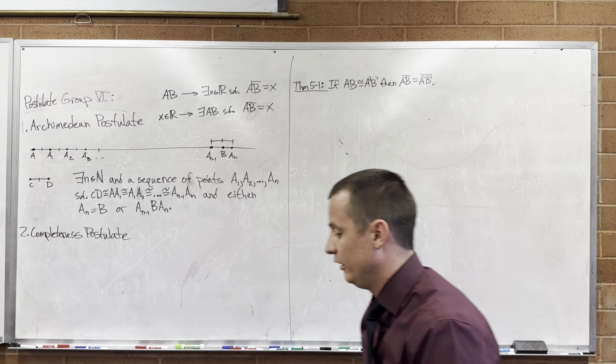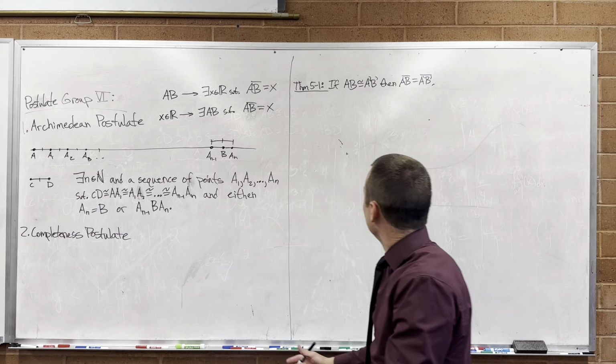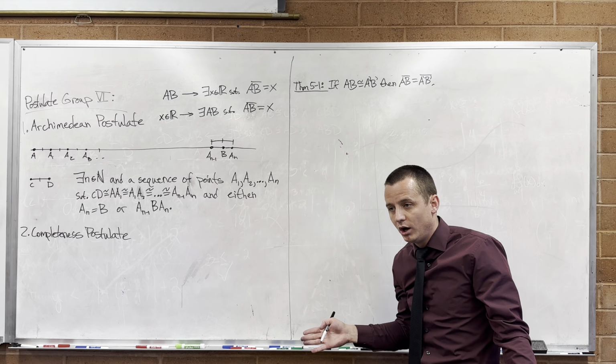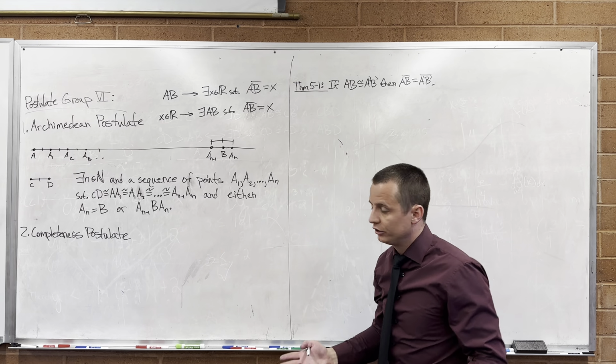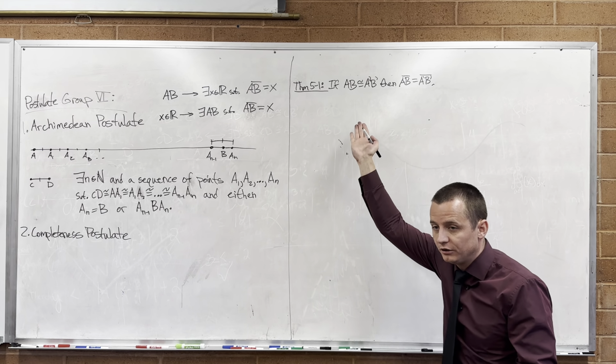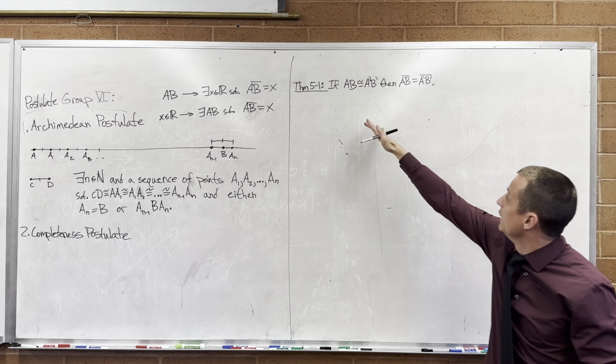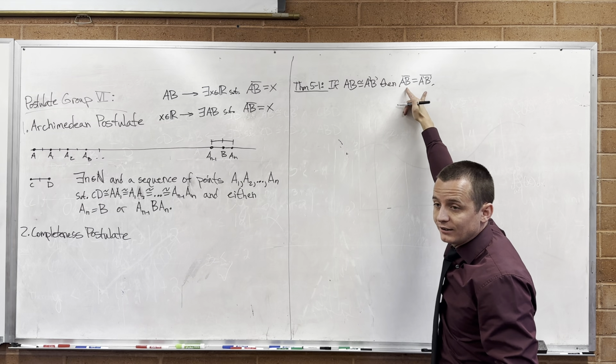Now hopefully that's already intuitive, because when we were motivating what it means for two segments to be congruent, we said it means for them to be the same long. Now we're going to prove that that is in fact what it means. If two segments are congruent, then they in fact have the same length.